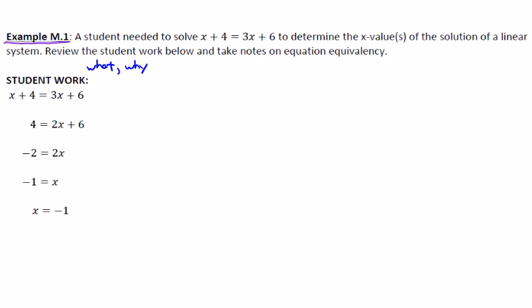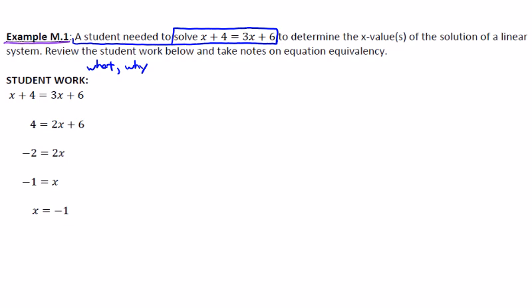Allow me to underline what the student needs to do. A student needed to solve x plus 4 equals 3x plus 6. This is the diagramming part of our work here. And I will also draw a box specifically around what needs to be done, and that is solve the statement x plus 4 equals 3x plus 6, whatever that means.